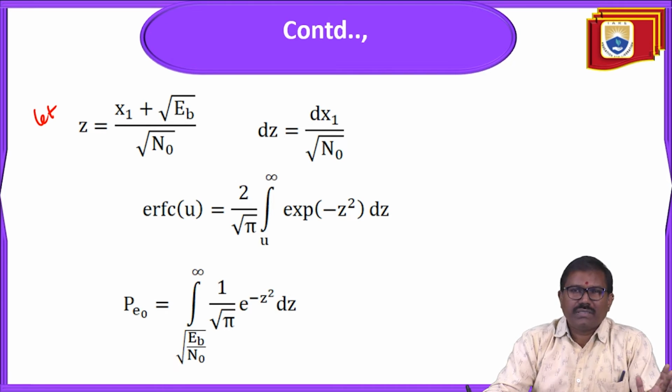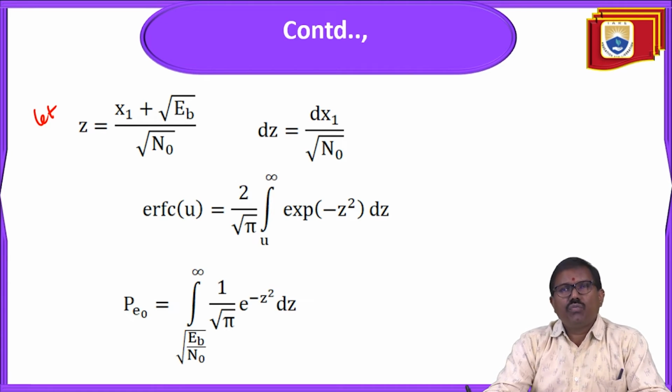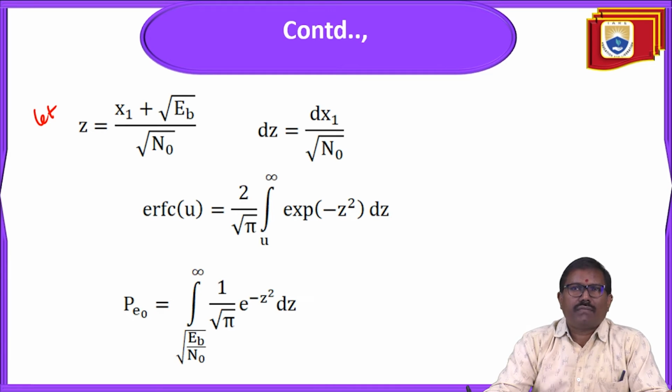And I am going to change the differential also. In the integration dx1 is there, so I am going to change dx1 into dz. For that, differentiate on both sides, then dz is equal to dx1 by root N naught. I am changing the limits also.